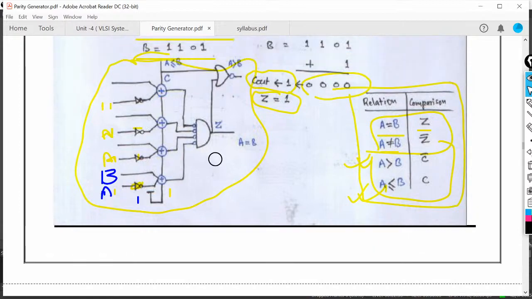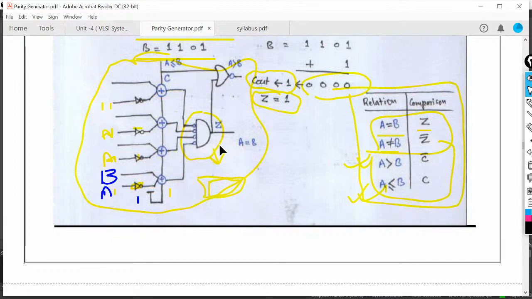Accordingly the output will be provided to the AND gate whose input is the complement. This type of AND gate can be represented by using NOR gate only.